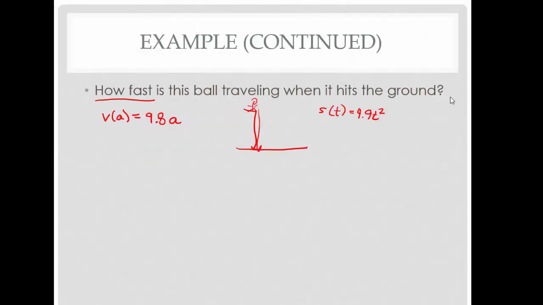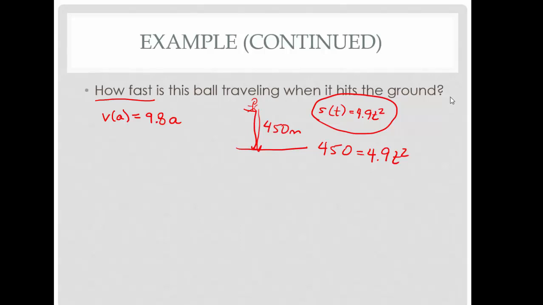So it's traveled 450 meters when it hits the ground. That's how far it's gone, but this is the function that relates where it is to when it is. So what this tells me is that at 450 meters, it's hitting the ground. That's going to allow me to solve for its time.